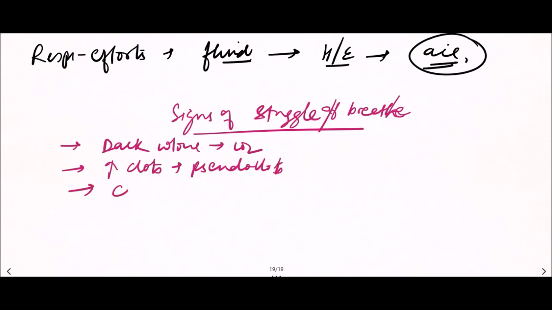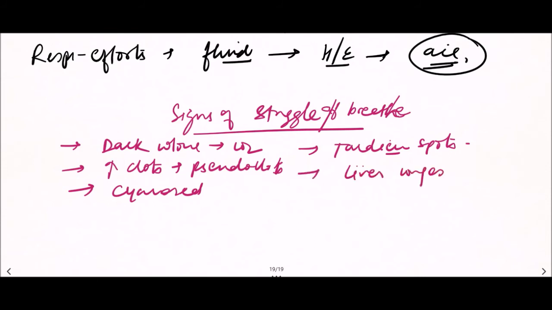Now, the child will be cyanosed. There may be Tardieu spots, multiple pinpoint hemorrhages on pericardium, pleura, and thymus. Sometimes liver congestion may be seen, or congestion of other viscera may be seen.